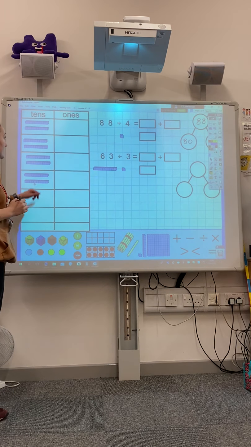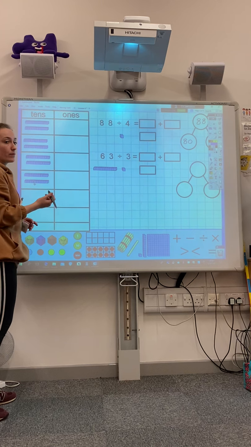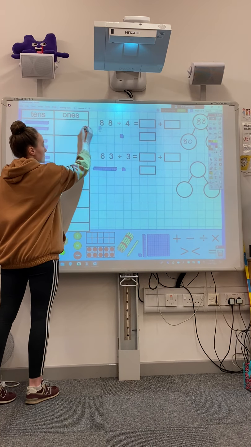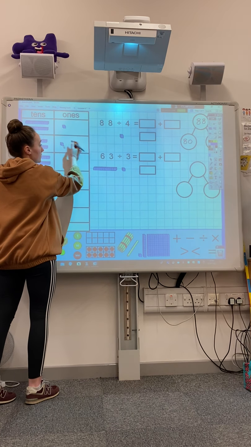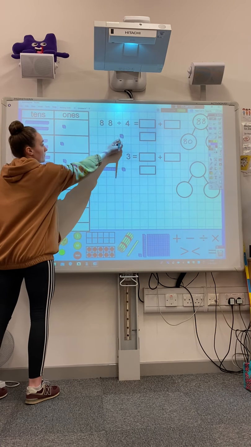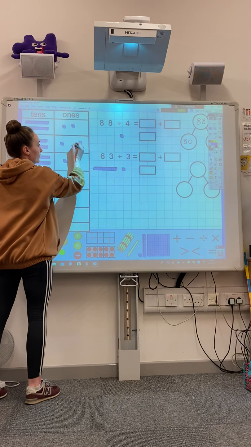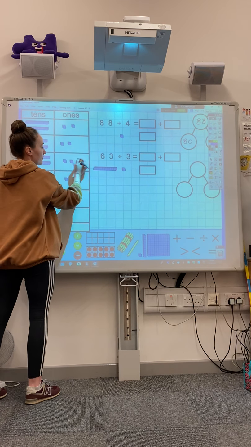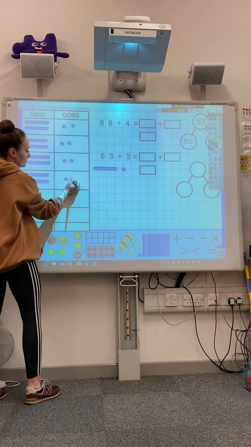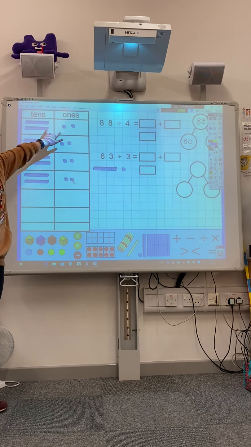Okay, so I've shared my 10s equally, I've got 2 in each group. Then I'm going to share my 1s equally in 4 groups. So I'm starting here. And that would give me 22 in each group.